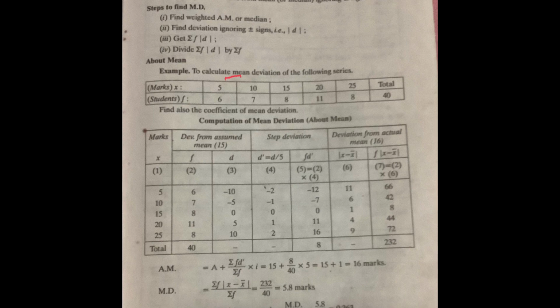So this is the question we have to solve, so the solution. What is the formula? As I have already told you, MD is equal to summation of f d modulus divided by summation of f. You have to find d modulus, which is x minus x bar.